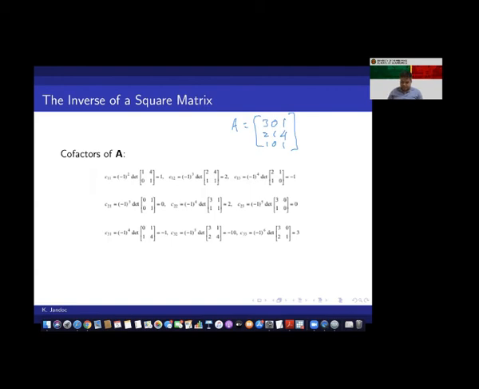This is a little bit tedious, but let's go through this very carefully. So let's get the cofactor matrix associated with A. This is also a 3 by 3 matrix. How do you get the entries of this 3 by 3 matrix? Let's get C11 first. C11 is simply negative 1 to the power 1 plus 1 times the minor of 1,1, which is obtained by deleting the first row and first column.